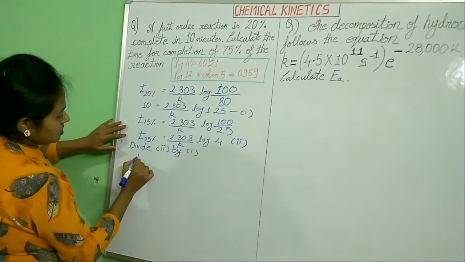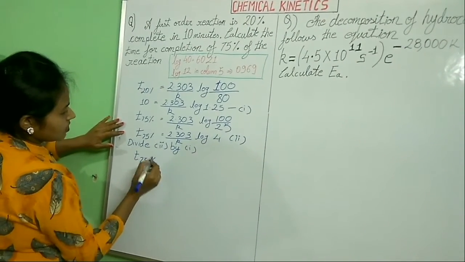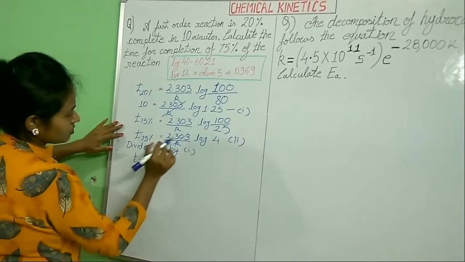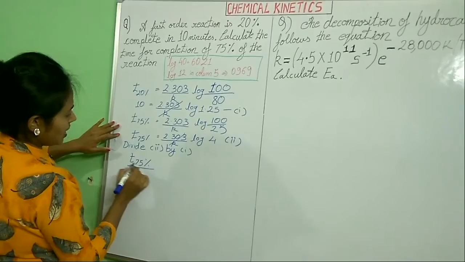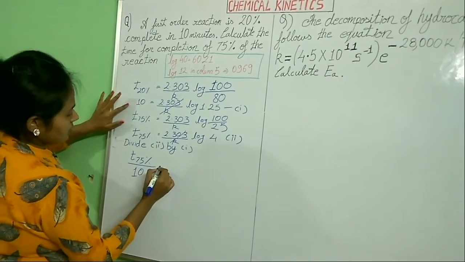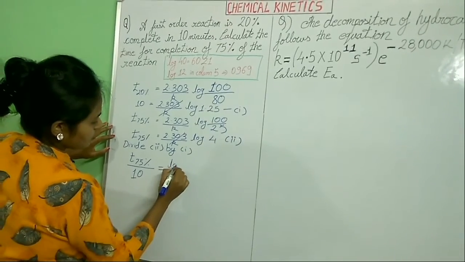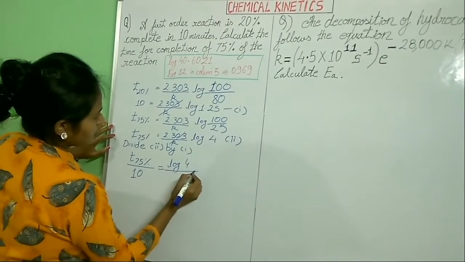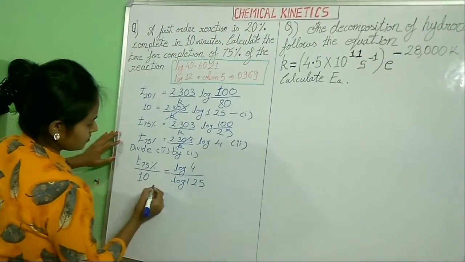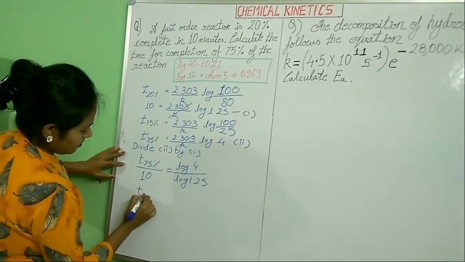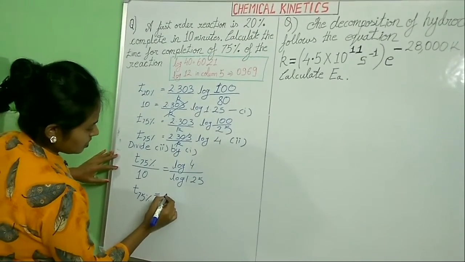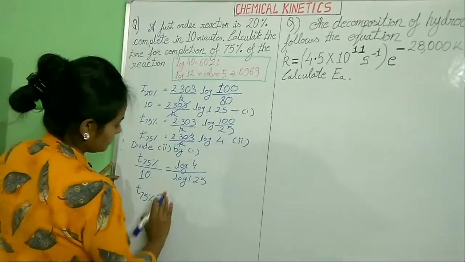So T 75%, this will cancel out, and this will also cancel out. 2.303 by k, both will cancel out, and T 75% divided by 10 equal to log 4 divided by log 1.25. So T 75%, time taken for 75% completion will be, what is log 4's value?